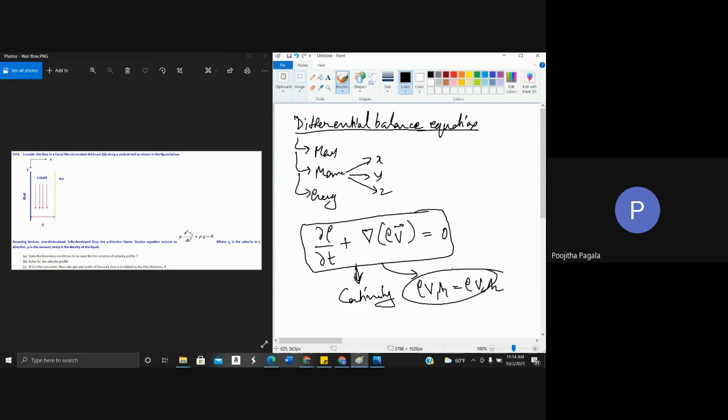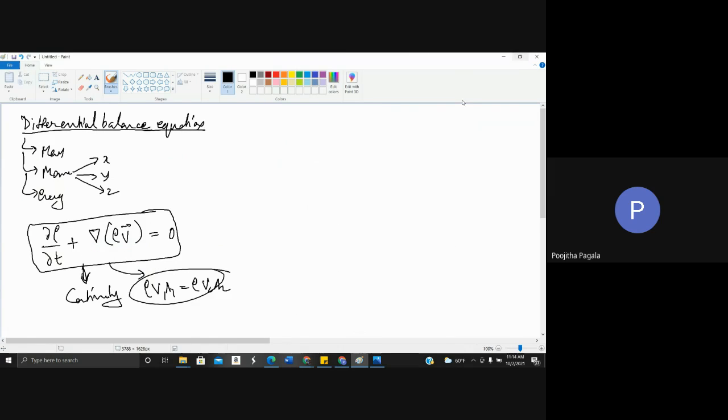So similarly, when you do a momentum balance, you're going to get a special class of equation called the Navier-Stokes equation.